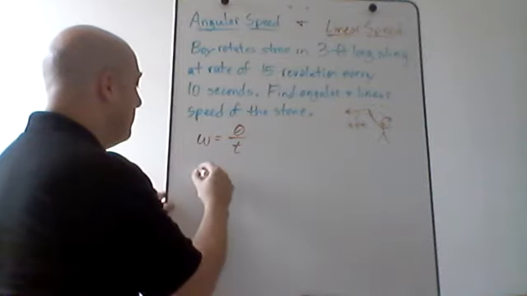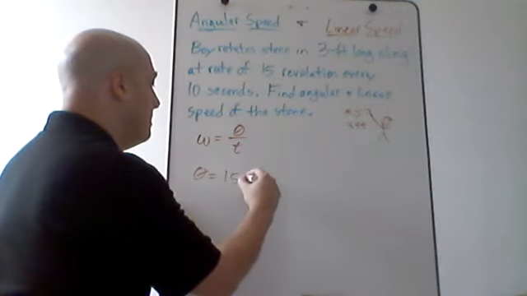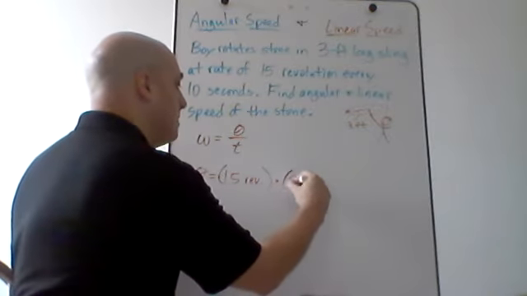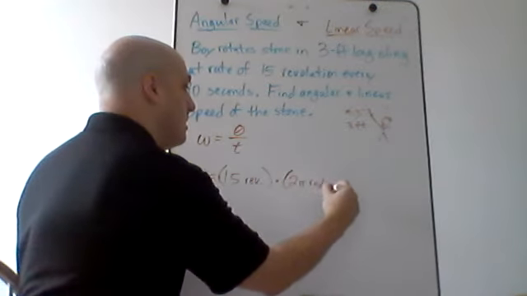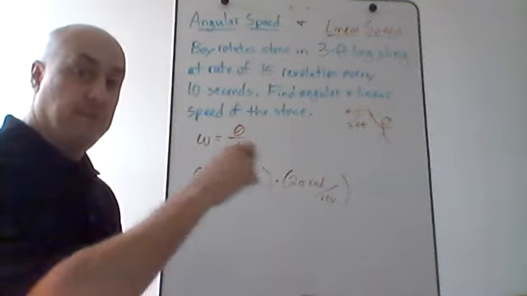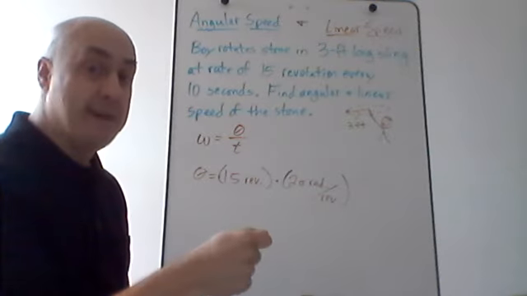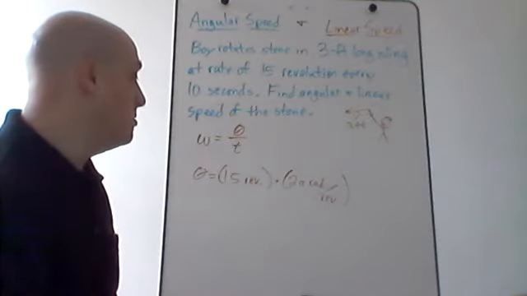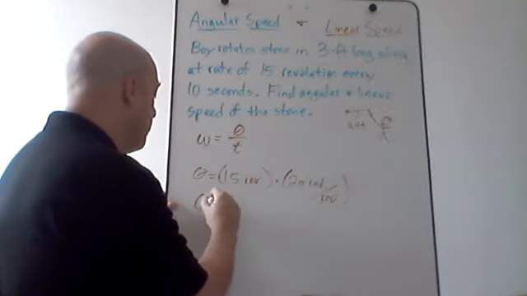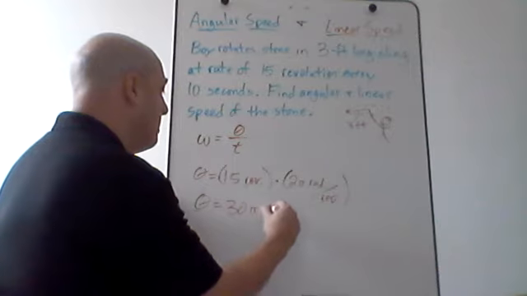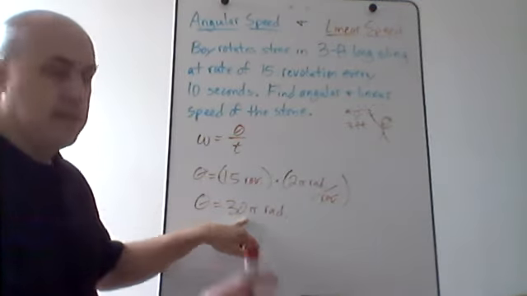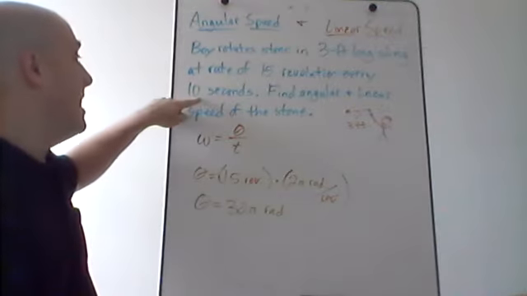So my theta is 15 revolutions times 2 pi radians per revolution. The revolutions cancel out, so I get 15 times 2 pi, and my theta is 30 pi radians. That's the angle this kid spins the stone through every 10 seconds.